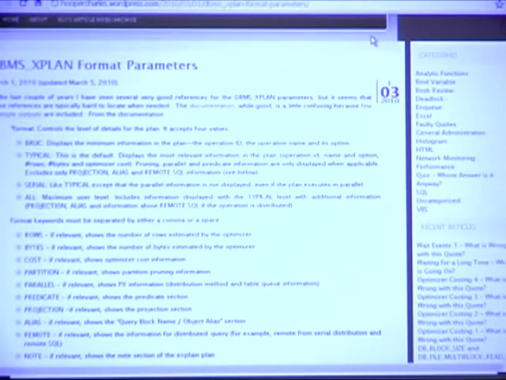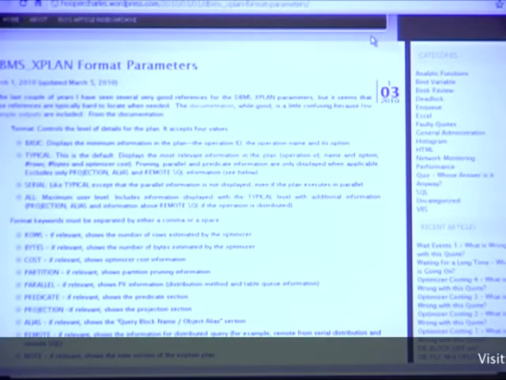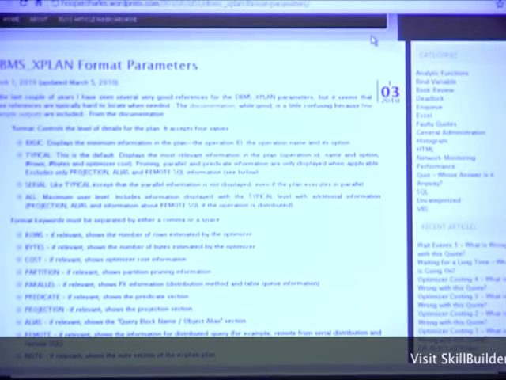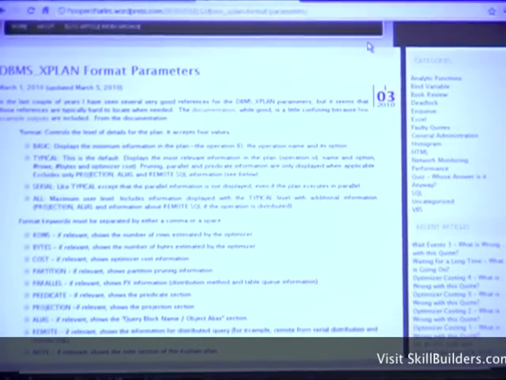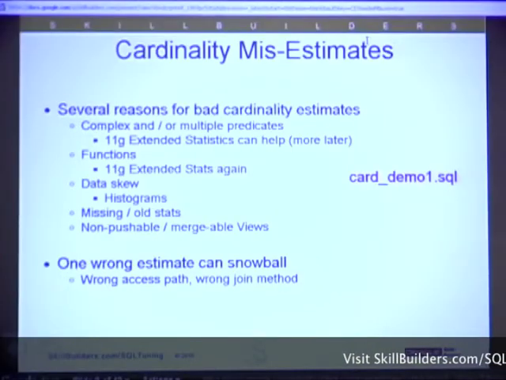Charles Hooper is one of my trusted resources. I'll name all of these resources at the end. He's got a great page here of all the parameters that you can feed into DBMS_XPLAN. And if you haven't seen this lately, when you're doing explain plans, really good stuff. Again, I'll mention Charles Hooper again at the end of this presentation, along with a bunch of other good resources.